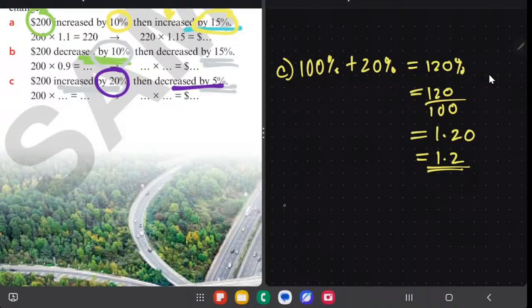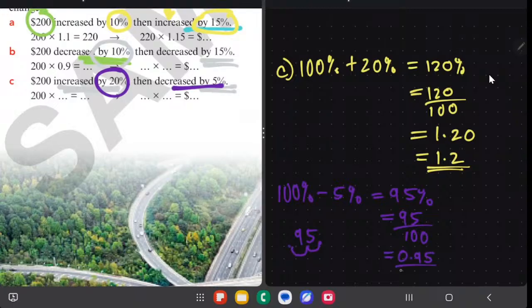From what? From 100. So 100% minus 5%. This becomes 95%, which becomes 95 over 100. And that means you start from 95, then you move 2 steps to the left. You will get 0.95.